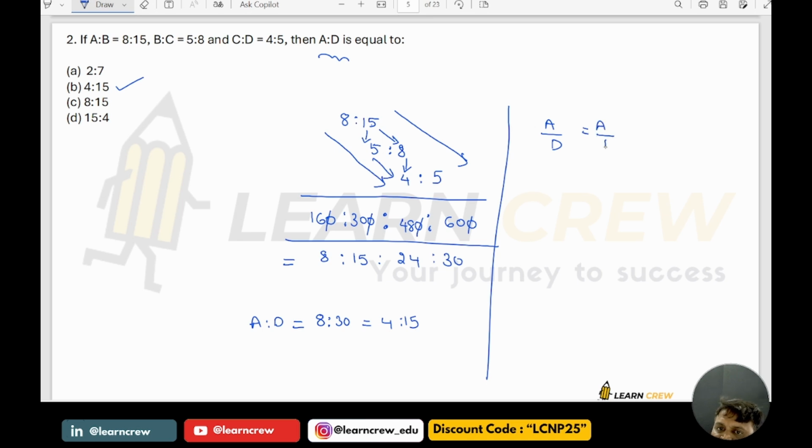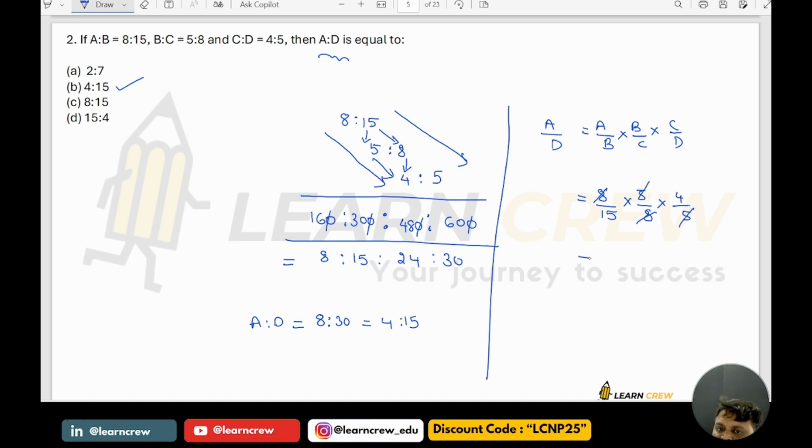A by D is nothing but A by B into B by C into C by D. Already I have the value of A by B as 8 by 15, B by C as 5 by 8, and C by D as 4 by 5. Thereby A by D: 8 ones are 8 cancel, 5 ones are 5 cancel.